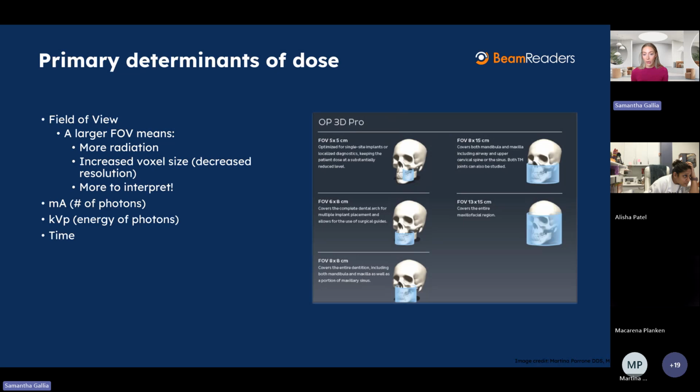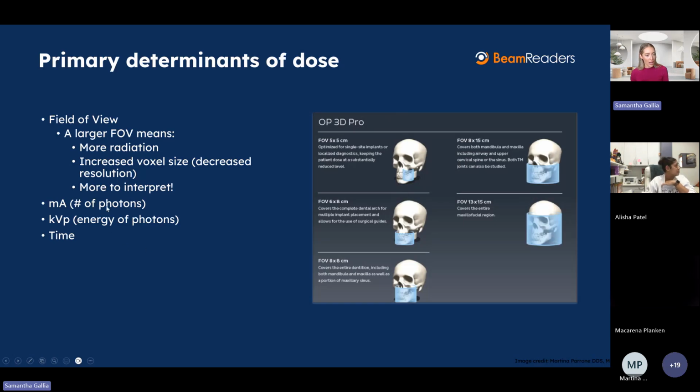But it's really important that we are customizing the field of view to each patient. We don't want to just be taking a large field of view for every patient, which I know is pretty common. But with just a little education, we'll be able to more precisely pick a good field of view, which makes your life easier, and it ends up having a better resolution as well.